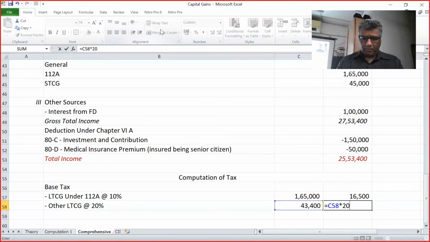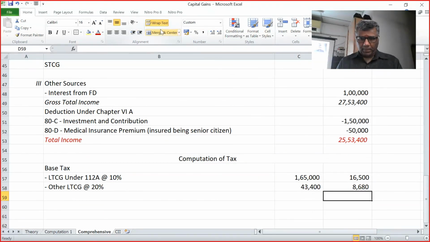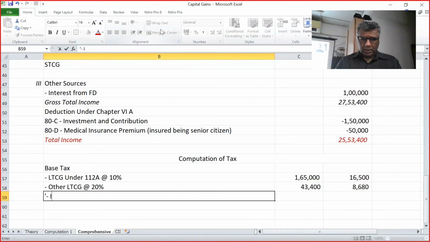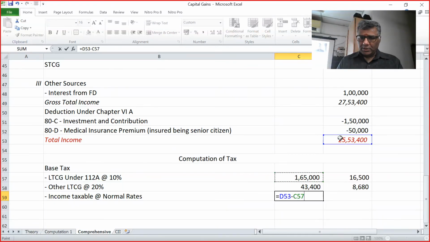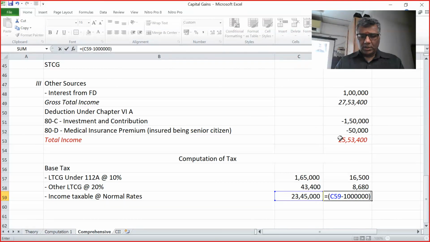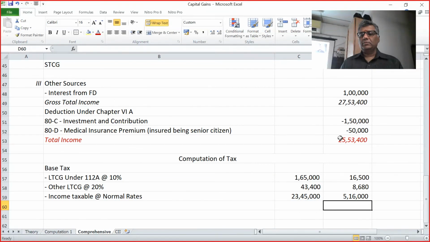Income taxable at normal rates, the balance 25 lakh 53,400 minus 1 lakh 65 minus 43,400. This minus 10 lakhs into 30% plus 1 lakh 12,500 is taxable at normal rates.